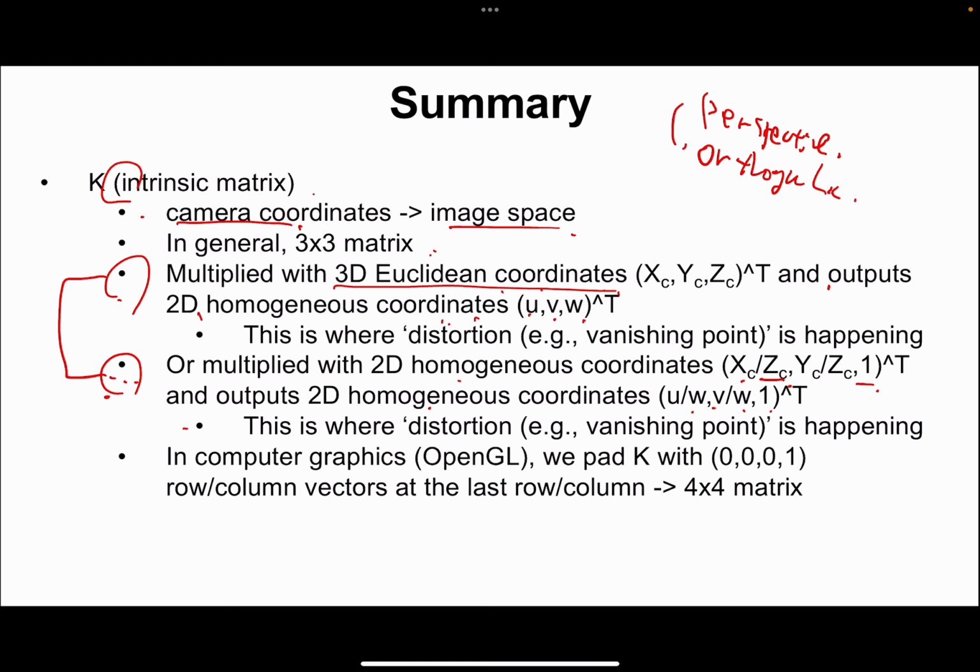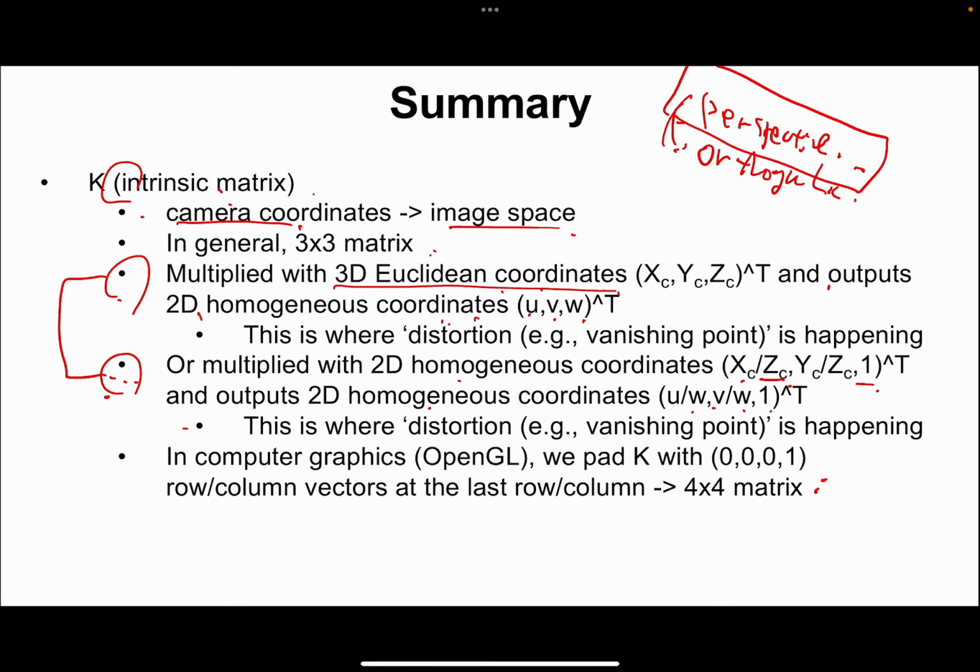We learned the geometric transformation, homography, projective matrices, or more formally, perspective projection and orthographic projection, which happen in this intrinsic matrix. In particular, perspective projection is applied in this intrinsic matrix.